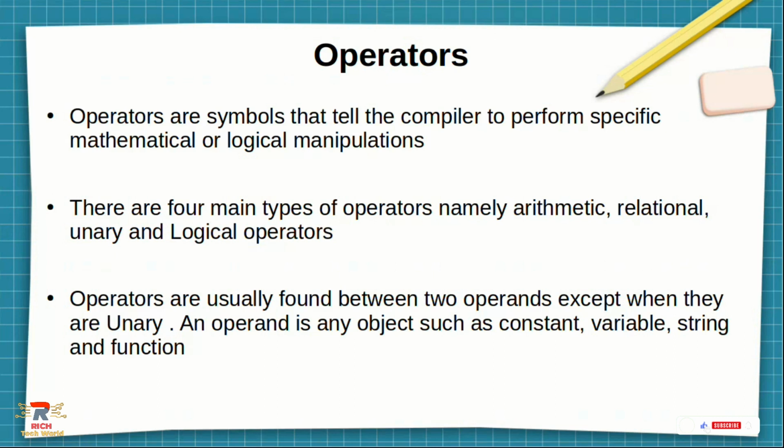For instance, if you have a plus b, the a and b are the operands, and the plus symbol is the operator. What we realize here is that the plus symbol is in between the two operands. That's what this actually means, and we will understand this better as time goes on when we make use of them.